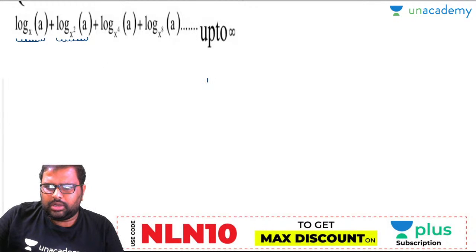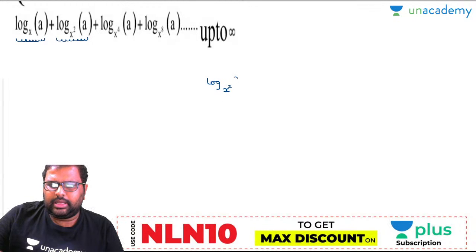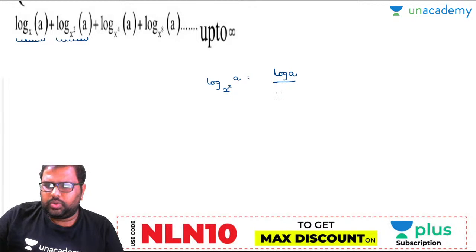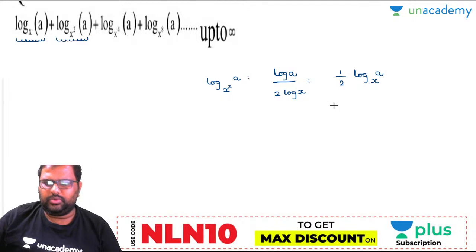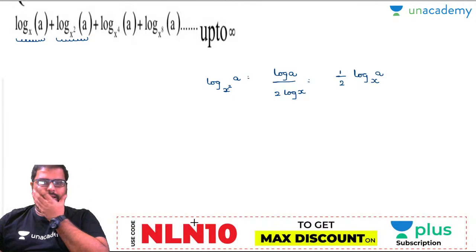Log a, log base x square a, can be written as log a divided by 2 log x, which is nothing but equal to 1 by 2 log base x a. Am I right or wrong? Can I write it like this? I can write it like this, which is easier for me, right?